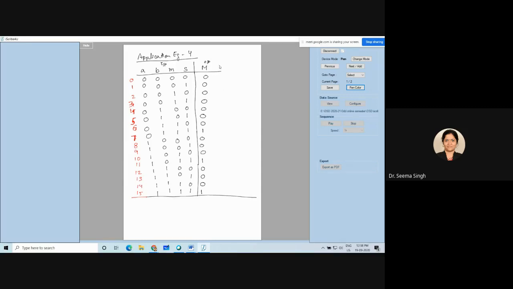Now again, in this only 3 ones are there. When only 3 ones are there, again it is not advisable to make a K-map. If you have made a K-map, no problem, very nice. But if you have not, you can try to look into this question without the K-map also.